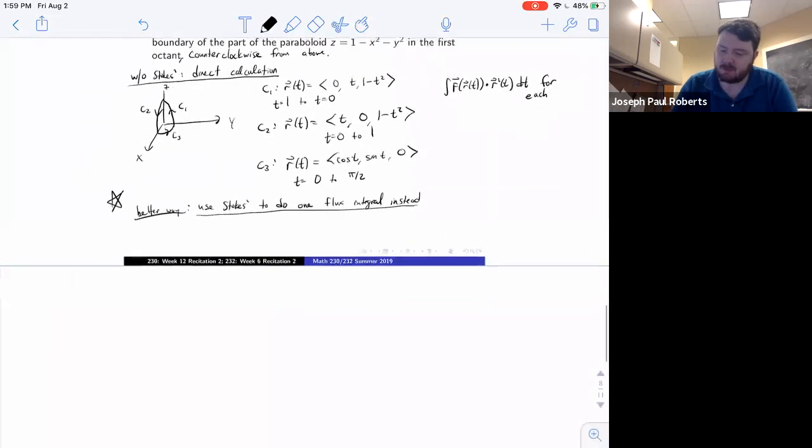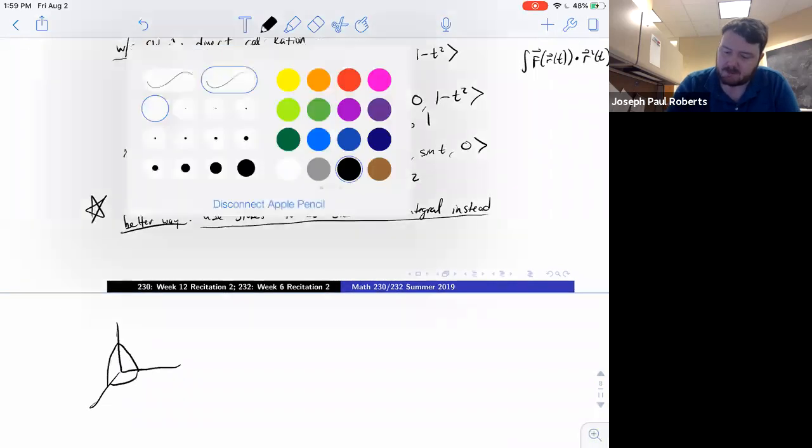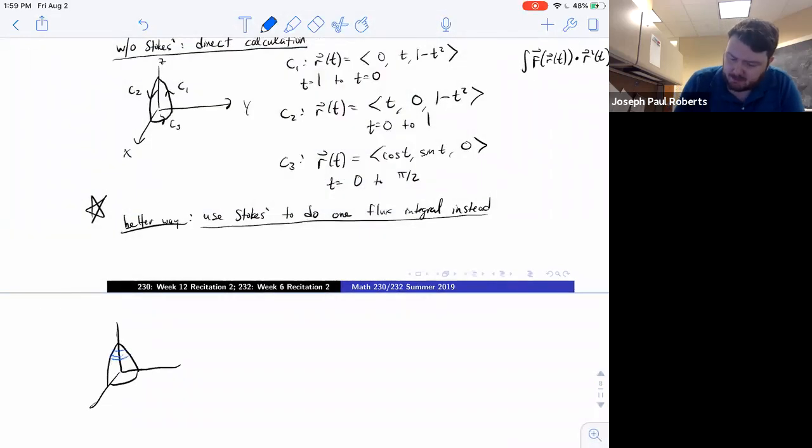So Stokes' theorem says when you have work of a closed curve, you can calculate the flux of curl F across any surface that has that as its boundary. And so this is sort of the trickiest type of surface that we usually deal with. Most of the other surfaces you'll see in the homework are pieces of planes.